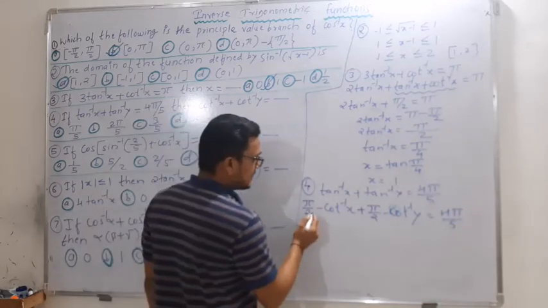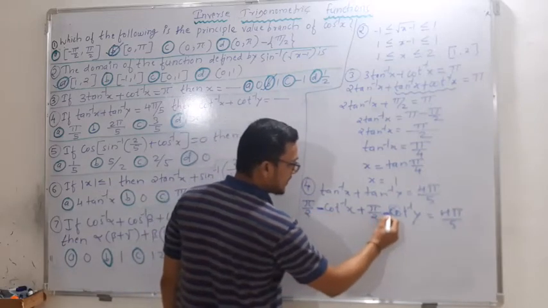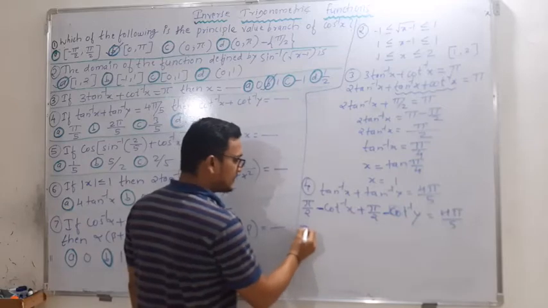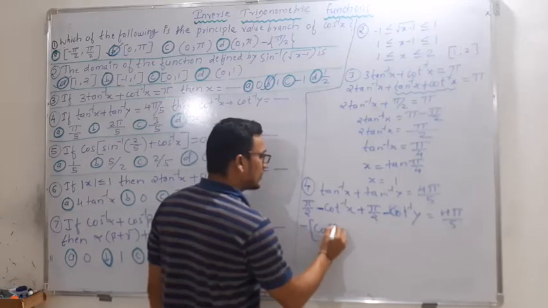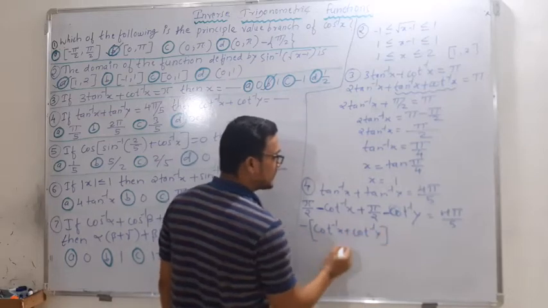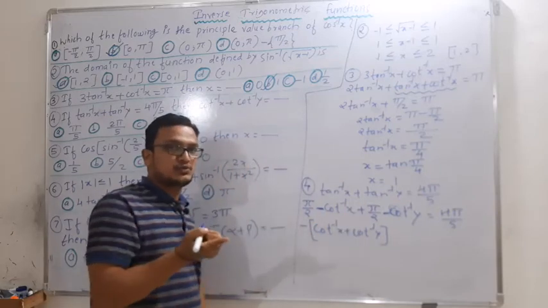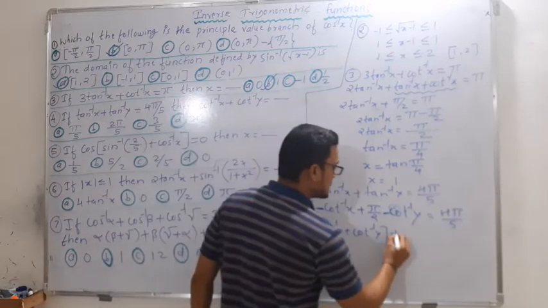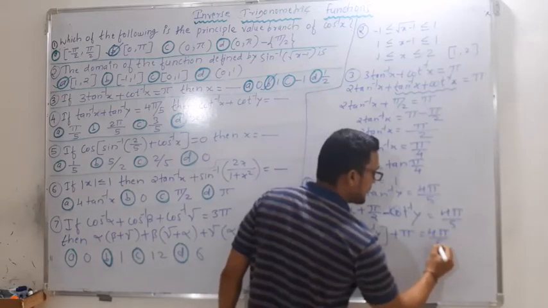Now see here, minus cot inverse x minus cot inverse y, from that minus sign I will take out common. What is left then? Cot inverse x plus cot inverse y. Now here pi by 2 plus pi by 2, how much? 2 pi by 2. So 2 gets cancelled, so we are just left with pi, which is equal to 4 pi by 5.